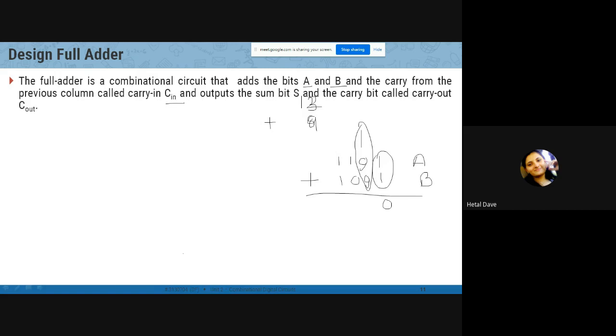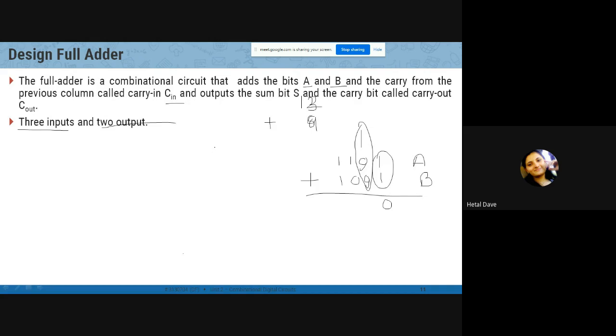So full adder is a kind of circuit that can add 3 bits at a time. That's why it is having 3 inputs and 2 outputs. Clear now why 3 input, 2 output? Application is in calculator, in ALU, adder can be used. Wherever addition is there, it can be done with the help of adder.